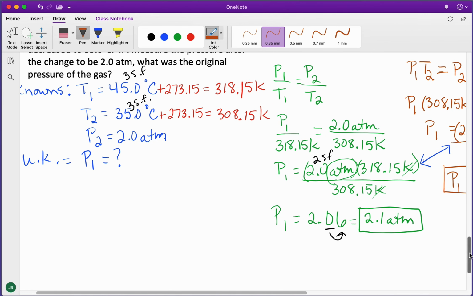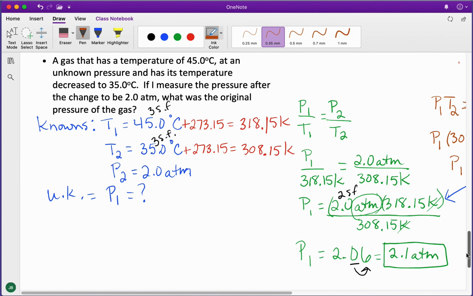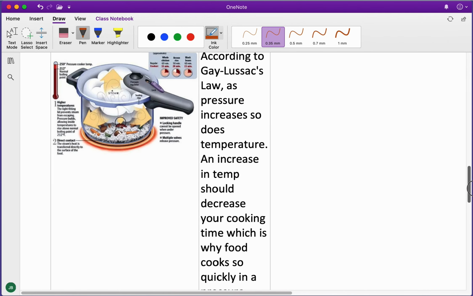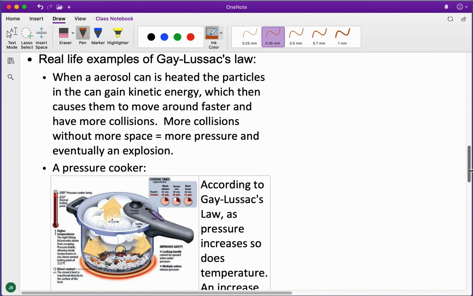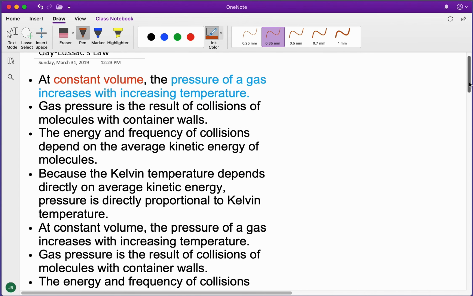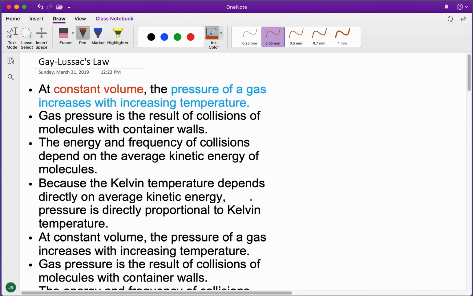All right, so let's go back over Gay-Lussac's law and make sure that we picked up on all the most important things from this page of notes. First, with Gay-Lussac we have constant volume and a direct relationship between pressure and temperature.